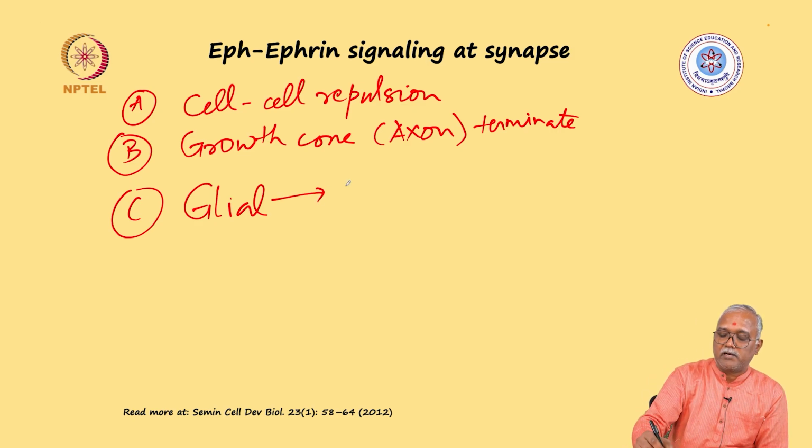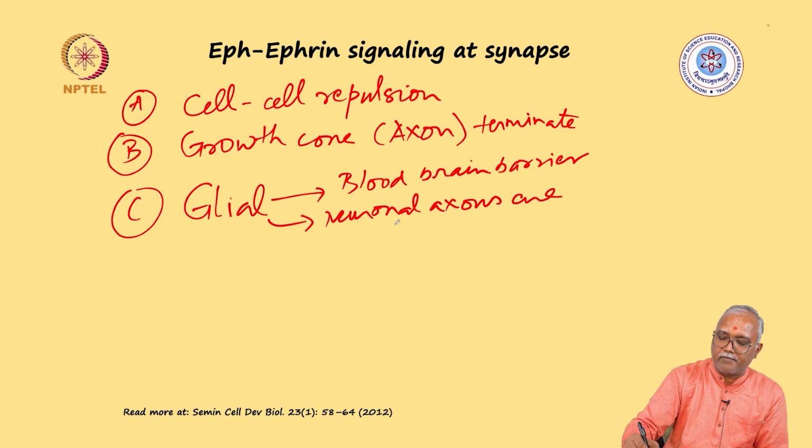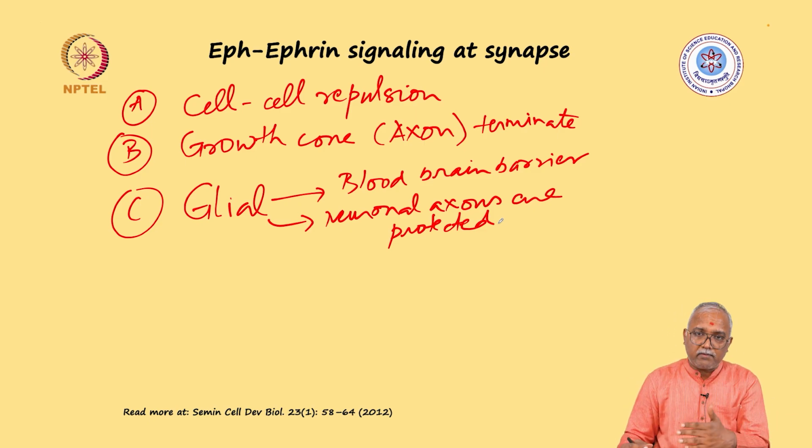If you think about the glial cell which makes the blood-brain barrier, or the glial cell which is ensuring that neuronal axons are protected, these kinds of glial cells, when they are making contact with axon, Eph-Ephrin signaling plays a very important role in ensuring whether they will remain in contact or come out of the contact.